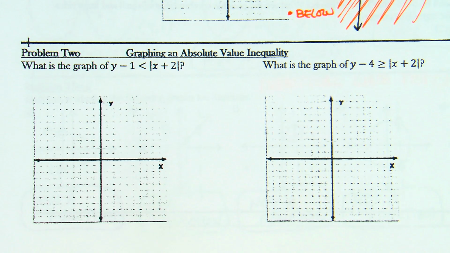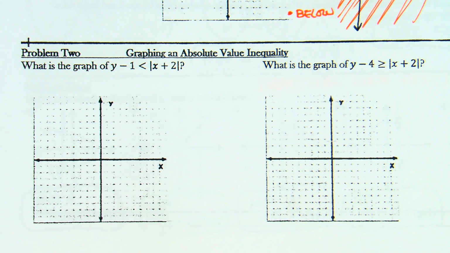The rules are still going to be the same here. Do we shade above or below? Is it a solid or dashed line? The difference is what we graph. We're no longer graphing lines. What's that absolute value graph look like? A V. I'm struggling not to say it when I say absolute value graph, because I always want to say it's an absolute value V. That's what I describe it as.